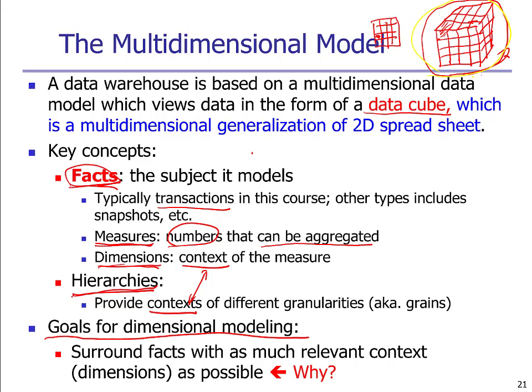Okay. For transactions, we need to determine which measures we have. Some of these measures can be obtained directly. Some of them are hidden and not explicitly given. We need to do some mathematics, right? Dimensions are the context of the measure.